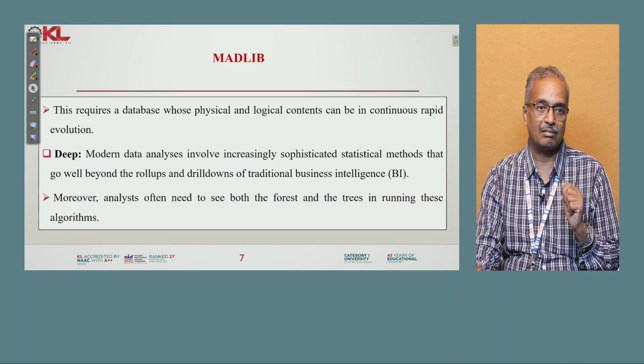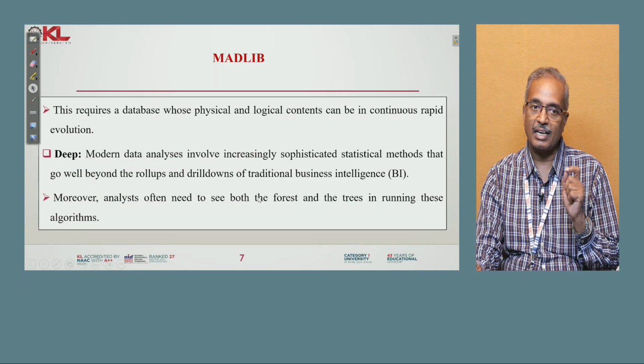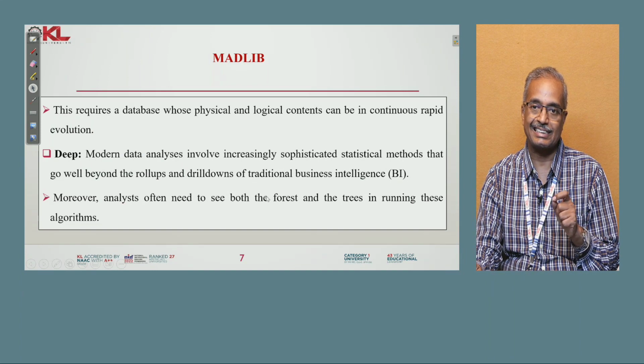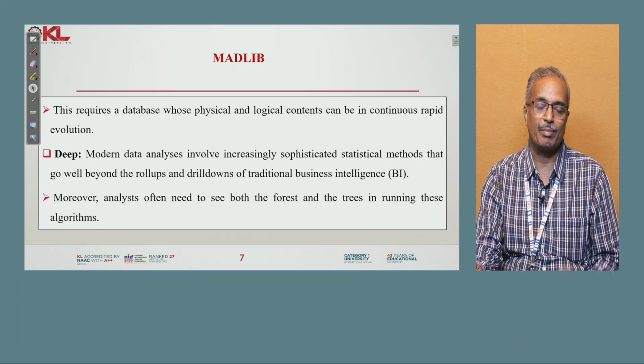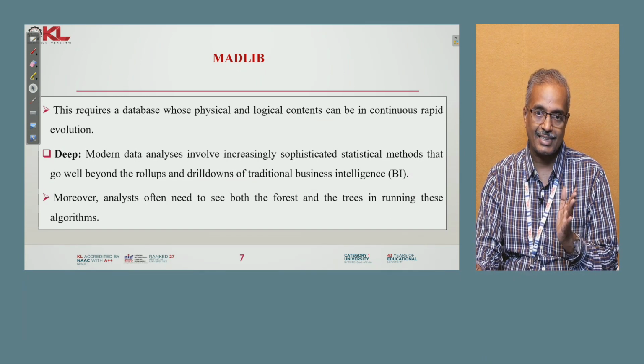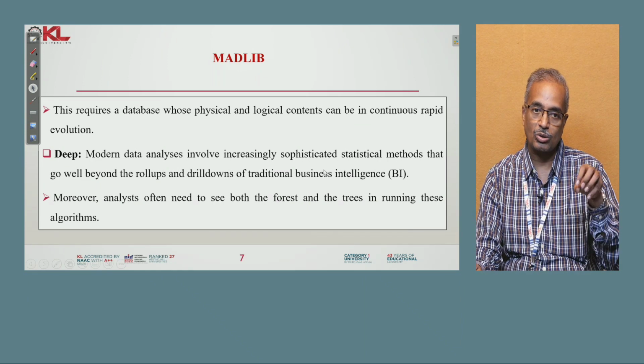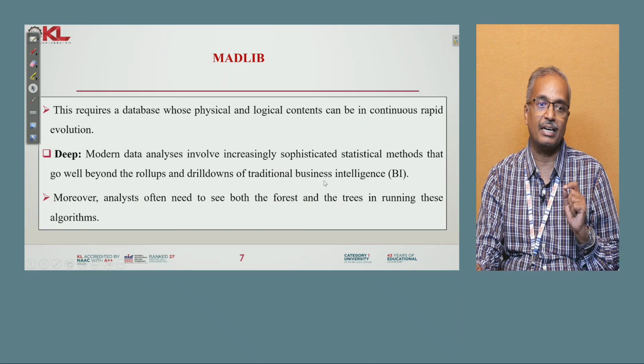The third one, deep: modern data analysis involves increasingly sophisticated statistical methods that go well beyond the roll-ups and drill-downs of traditional business intelligence. Because while we are doing analytics, we have to go in depth into the data.